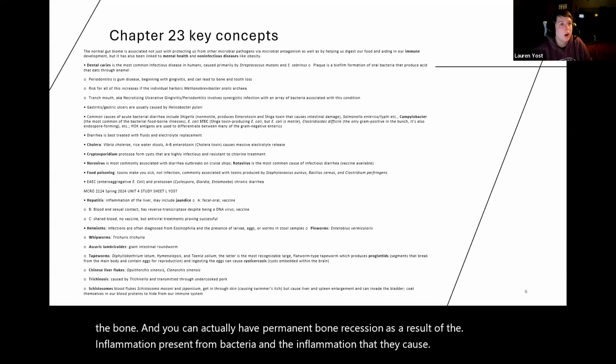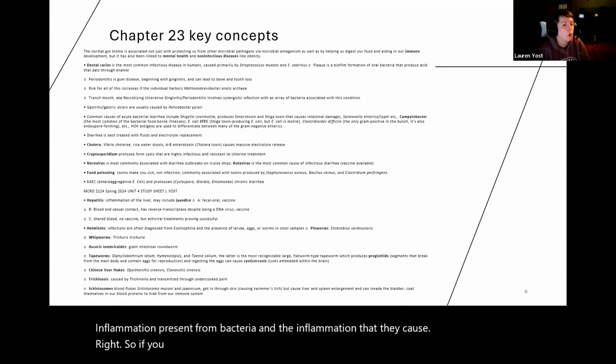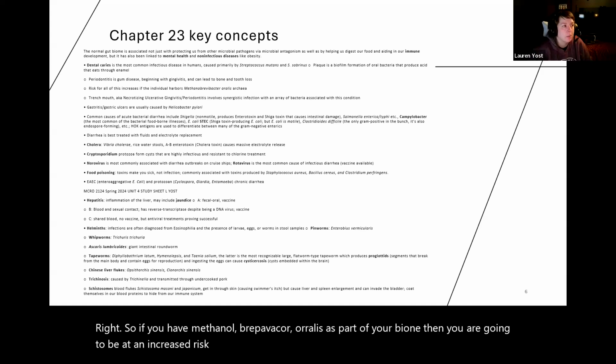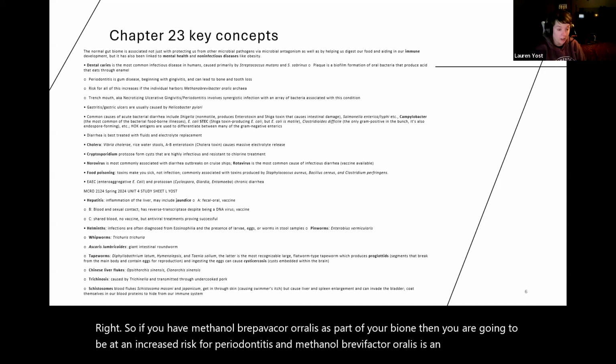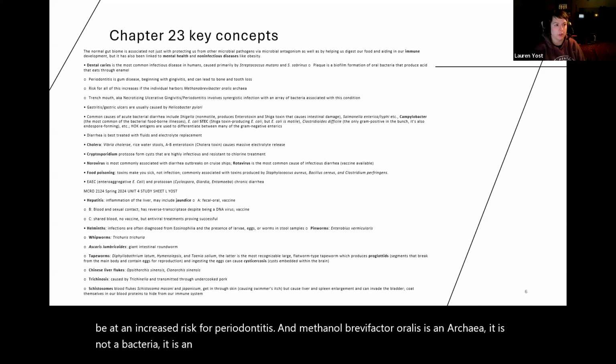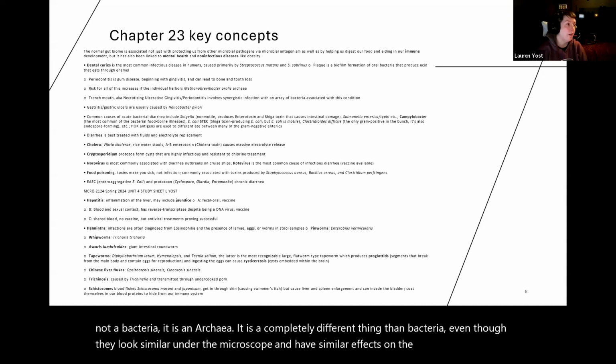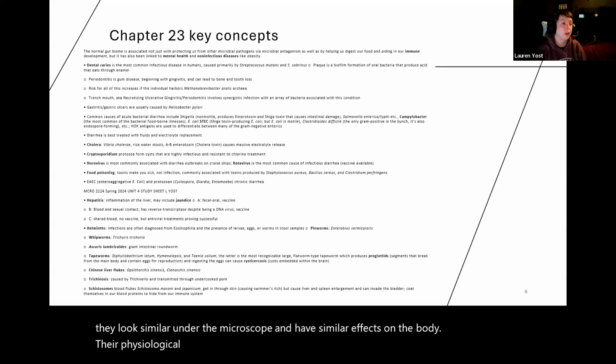Right, so if you have Methanobrevibacter oralis as part of your biome, then you are going to be at an increased risk for periodontitis. And Methanobrevibacter oralis is an archaea. It is not a bacteria, it is an archaea. It is a completely different thing than bacteria, even though they look similar under the microscope and have similar effects on the body. At the physiological level, they have a completely different makeup and structure.